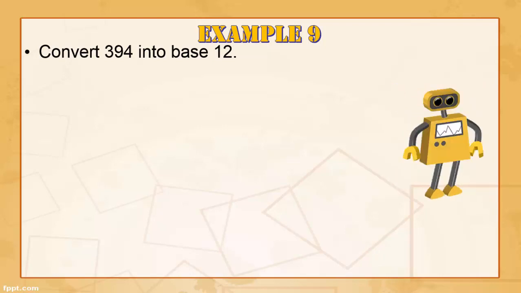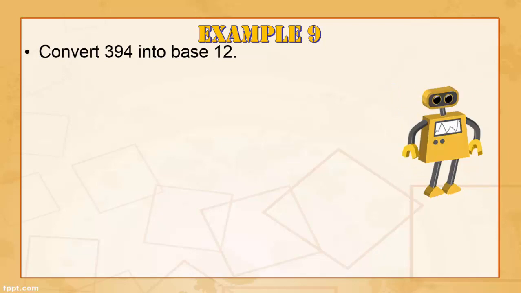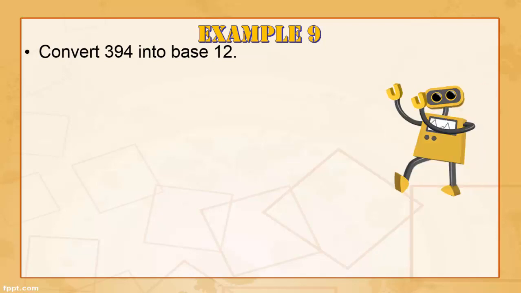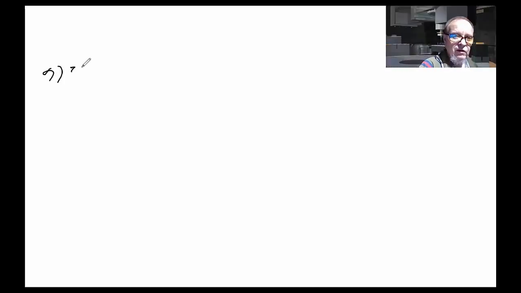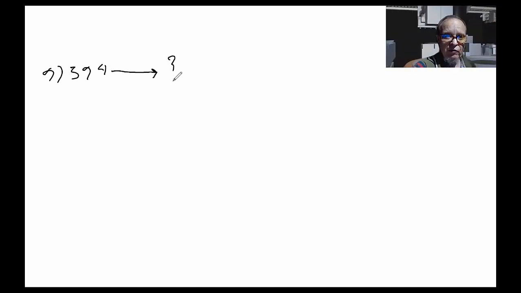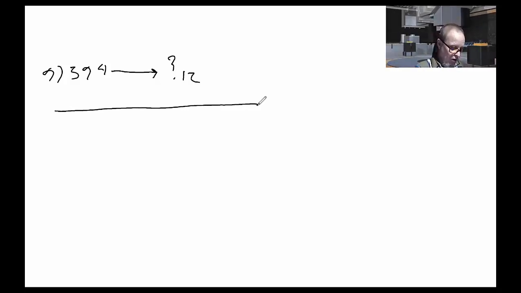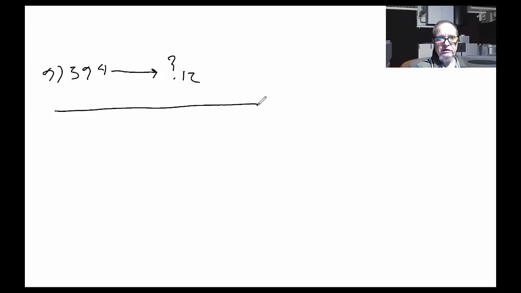So again, let's go over to the whiteboard and work this out in detail using the table, since doing it using blocks is not very practical. Here we have 394, and we're going to convert that into our base 12 system. So we're going to set up our table, and we only have to go as far as 12 squared, since after that it's too high and goes beyond 394.